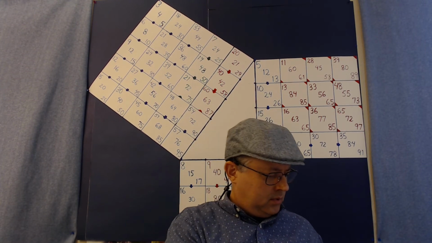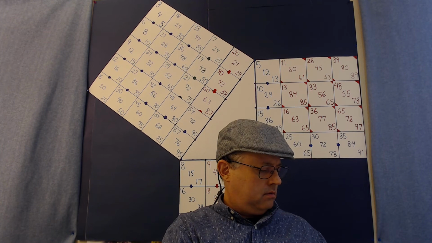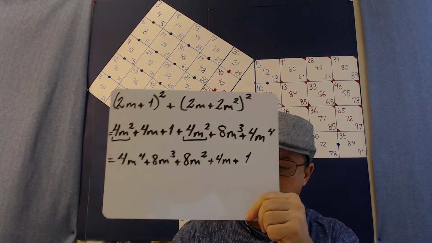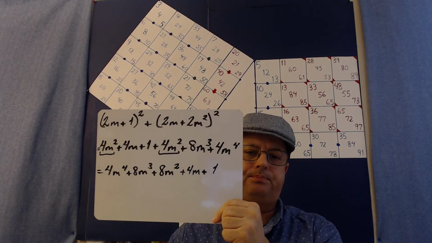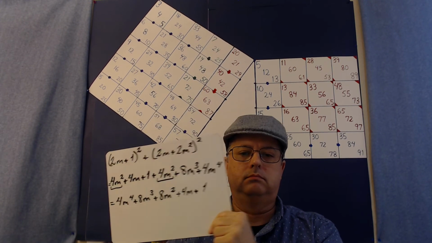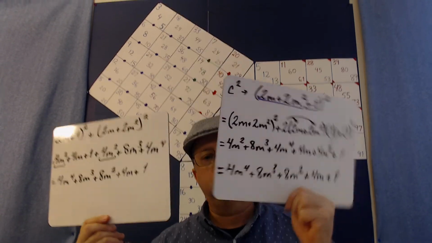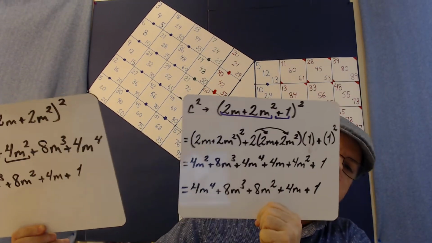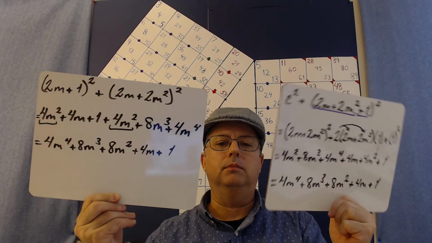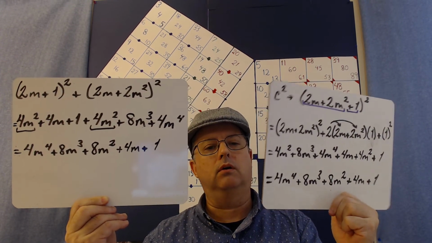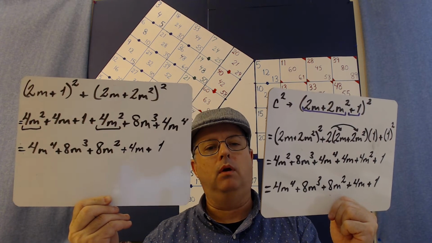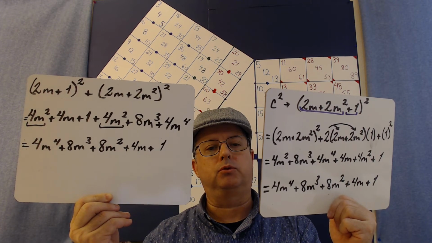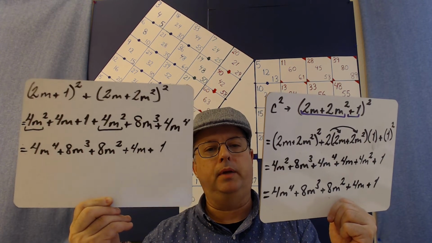And are you having a deja vu? Because I think that's what we got here. Let's check it out. Okay, so on this slide here, (2m + 1)² plus (2m² + 2m)², that's our a squared plus our b squared.